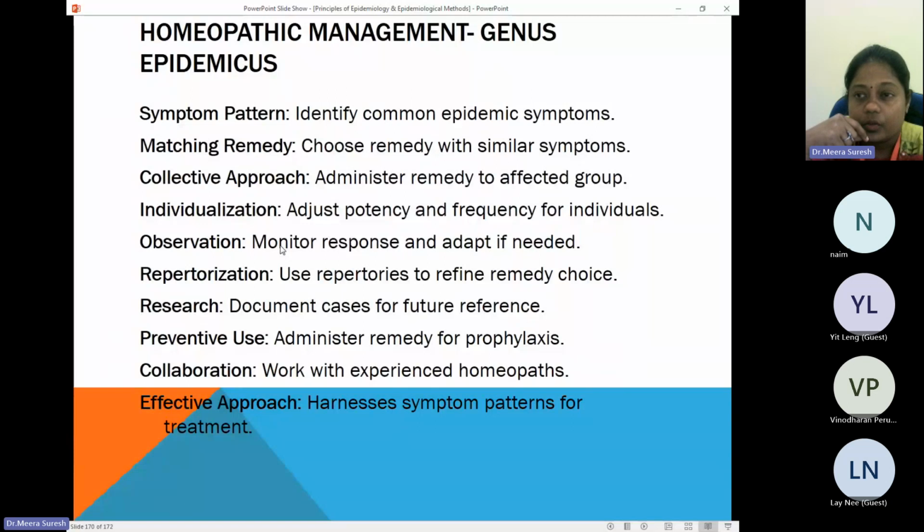Then sometimes when the symptoms change, or when a large number of people are affected, we see some pattern difference, then we can go for other medications also, and collaborate with the experienced homeopaths.